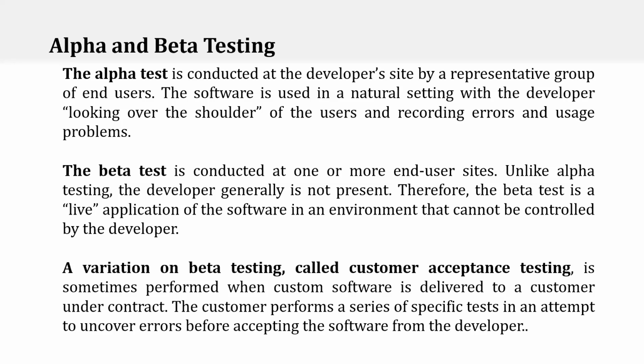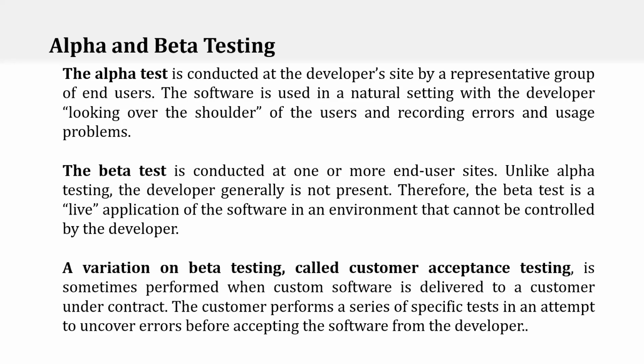Because after the development, after the testing, yes, the product may be successfully running in the developer place, but when you take it to the end user, it may not run. It may not support some features. But it is the responsibility of the developer company, the developer organization, to rectify the problems. So this comes under delivery and feedback.